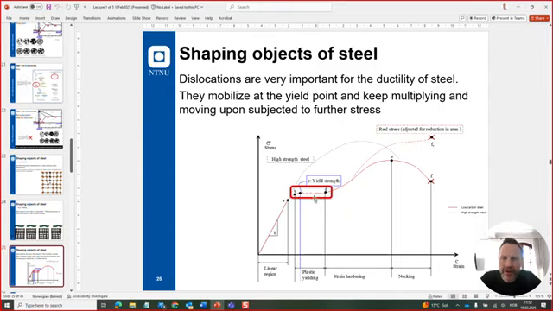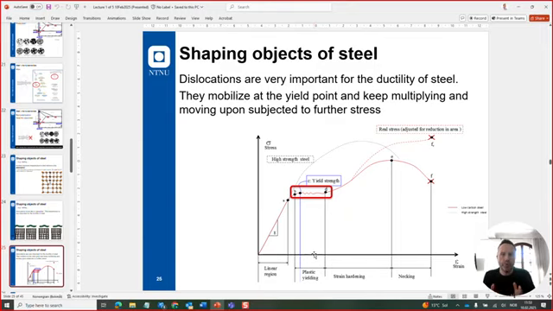They are mobile, and you are at the yield of the steel, but as you see on the curve, you're not putting more stress into it, but you're getting a whole lot of yield, a lot of strain, deformation, elongation. That's what you're producing at the same stress level because the dislocations are activated.